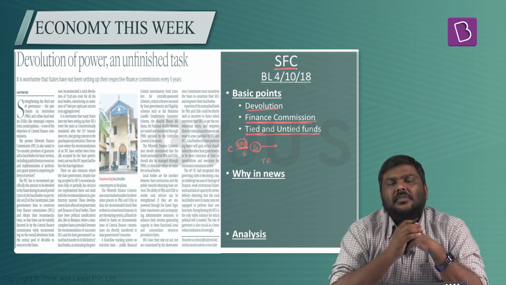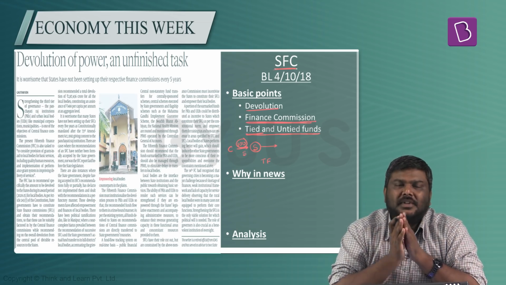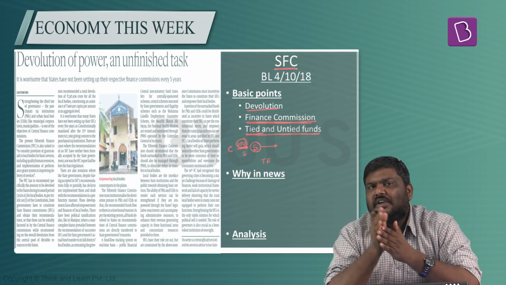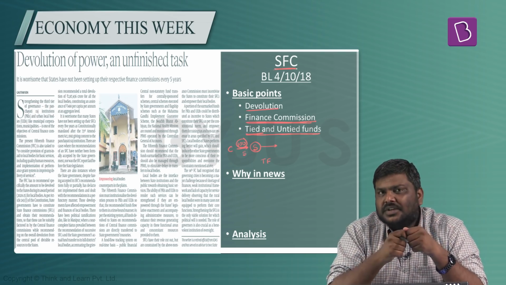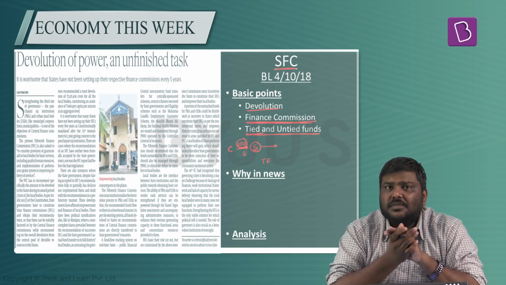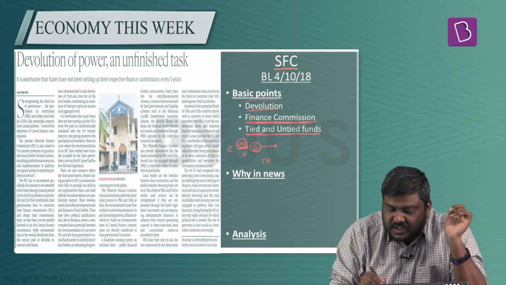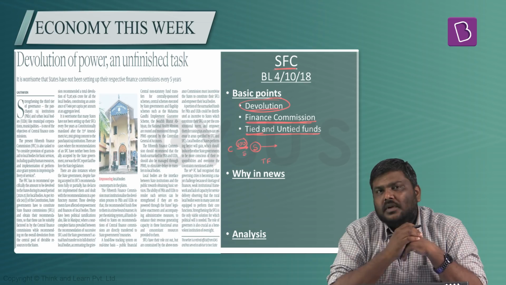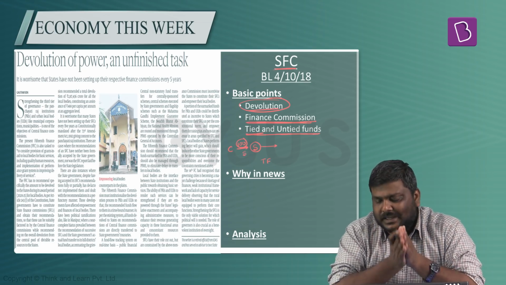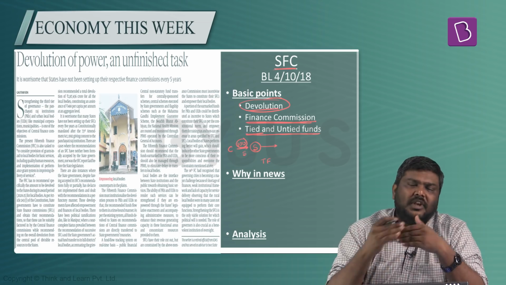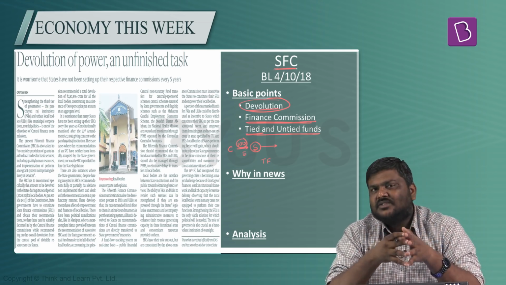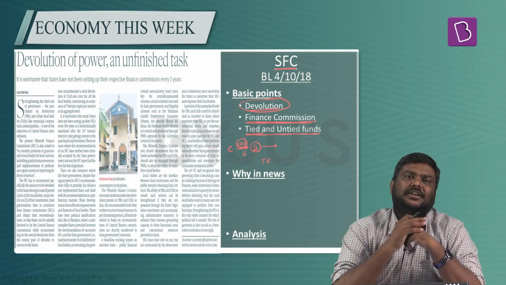Finance Commission. Under Article 280, the President of India, once every 5 years, will appoint a Finance Commission. The most important recommendation given by the Finance Commission to the central government is with respect to devolution. What do you mean by devolution? The central government, under the powers given by the Constitution of India, will impose various direct taxes as well as indirect taxes and will collect them.